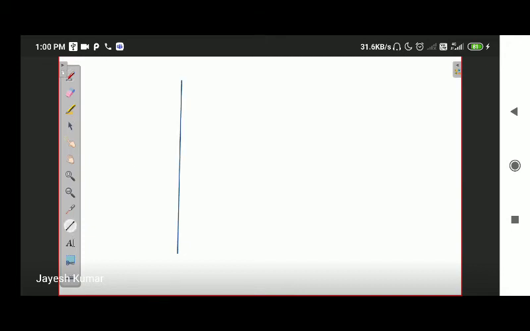Suppose this is a mirror and I shade its backside like this. This is coated on one side by silver oxide. In this mirror, I have an incident ray.